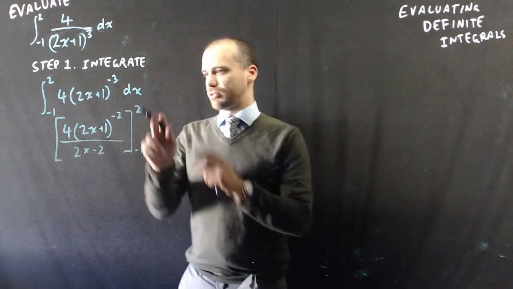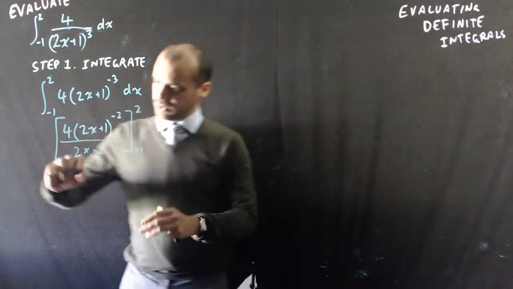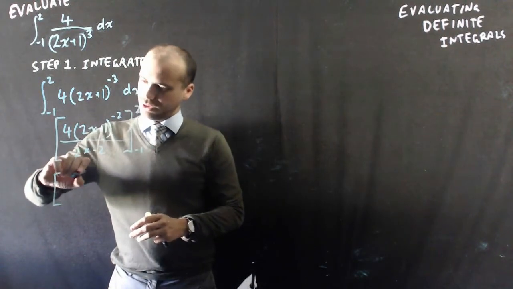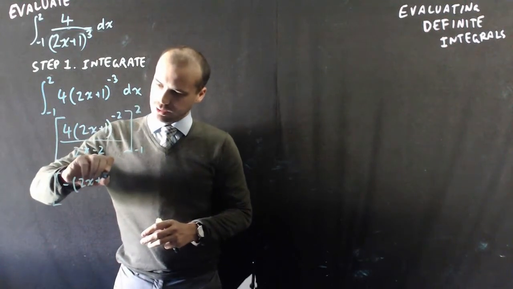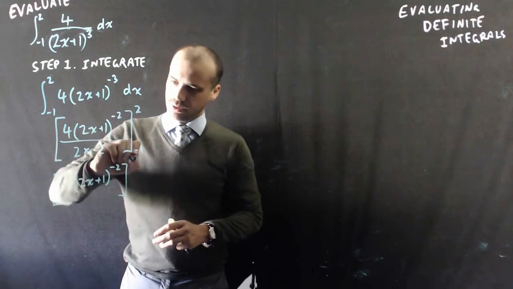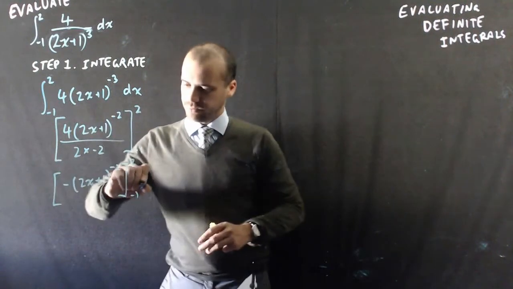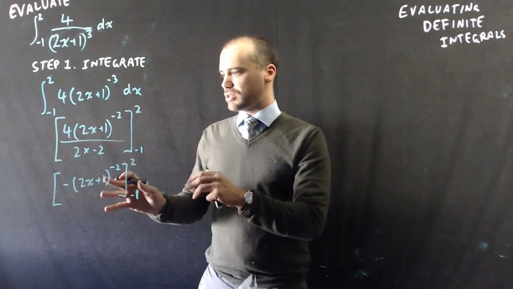So we're saying the integral between 2 and -1. Now I can neaten that up a little bit further and just write it as negative 2x plus 1 to the -2 between 2 and -1. Okay, that's a pretty good job. We've integrated it so far.